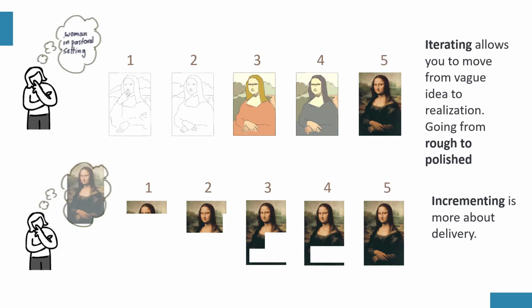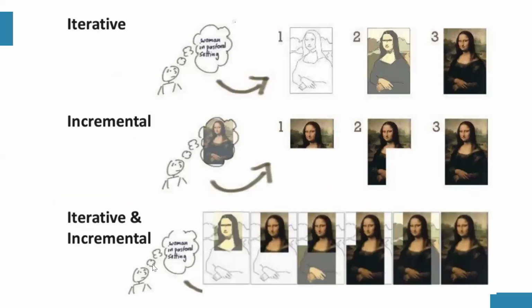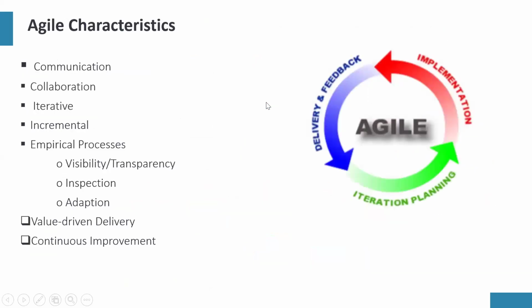And if you are doing both incremental and iterative at the same time, you can see the last one here, where we're doing some parts iteratively, doing some parts incrementally, and you can see that it's working together. So that's why I decided to take time to put those slides in. So you get the picture in your mind.